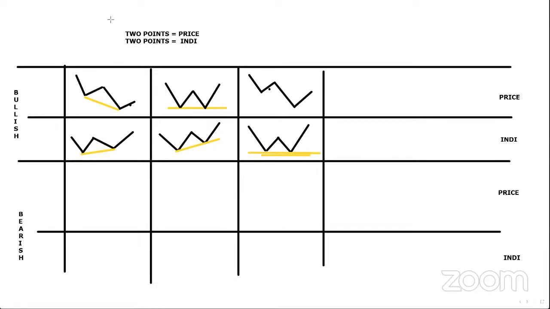Finally, here comes something that is called hidden divergence. That is when the price is making higher lows and the indicator is making lower lows.